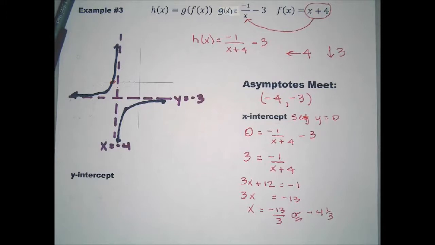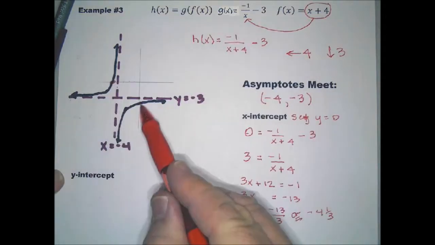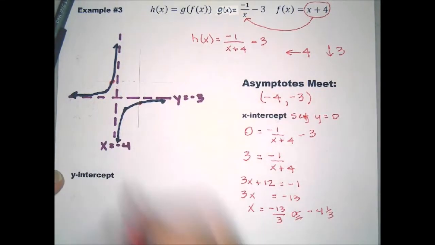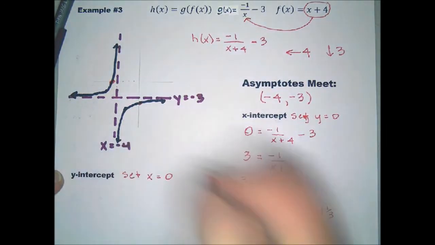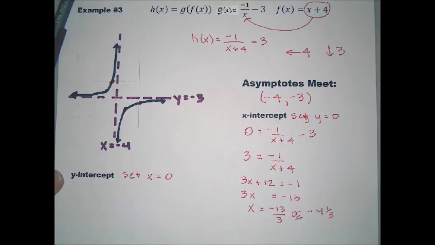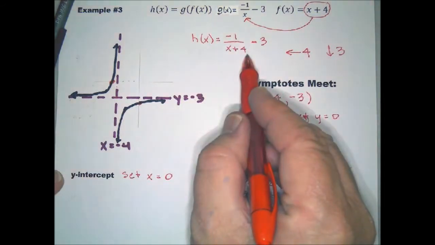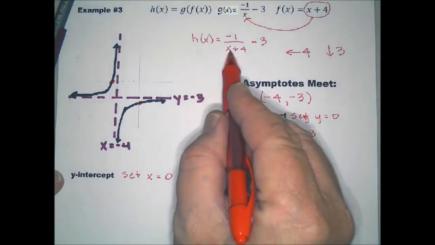Okay, now let's move on to the y-intercept. Visually, the y-intercept happens right here. This is the location where our graph crosses the y-axis. So now we just have to figure out where is that. Let's figure that out by setting x equal to 0. Go back to the h of x function and just put 0 in for that value of x.